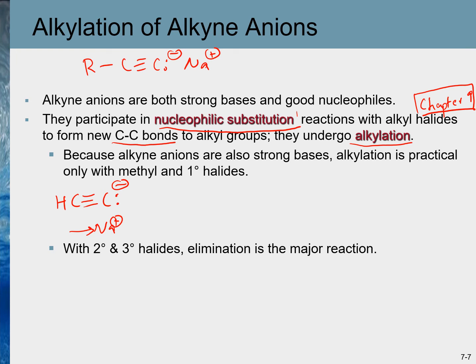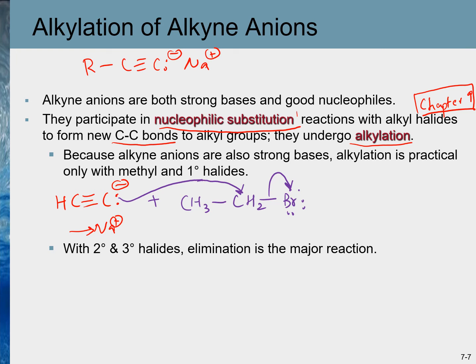So our nucleophile alkyne anion attacks an alkyl halide. Alkyl halide is an alkane with a halogen attached to it. For example, bromide. The reaction takes place in such a way that our nucleophile attacks the carbon where the halogen is connected, and halogen leaves the alkyl chain.